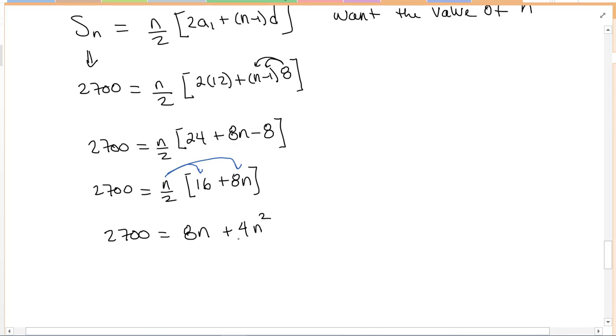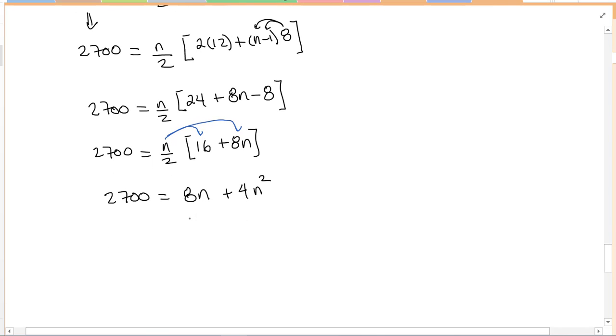And so this looks like a quadratic. I do notice that I have a coefficient of 4 here, and 4 does go into 8. So check, does 4 go into 2700? The fact that we have 100 there, I do know that 4 goes into 100, so it's going to go in there. Really quickly, 2700 divided by 4 is 675, which is equal to 2n plus n squared.